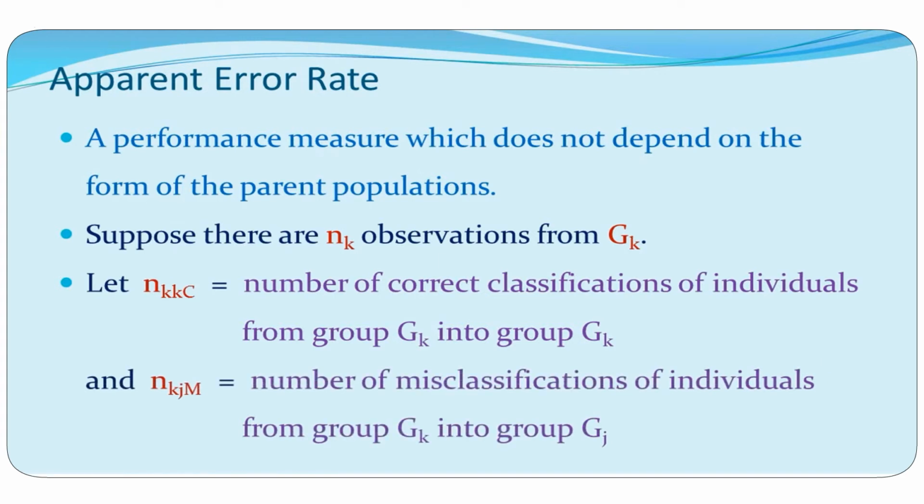As opposed to this, we have nkjM, where we have a misclassification of an individual from the kth group to the jth group, and M in this case stands for misclassification. So nkkC are the correctly classified individuals, and nkjM are the misclassified individuals.